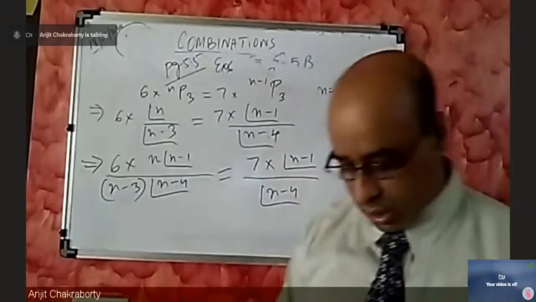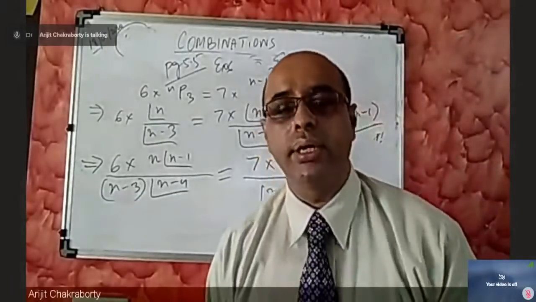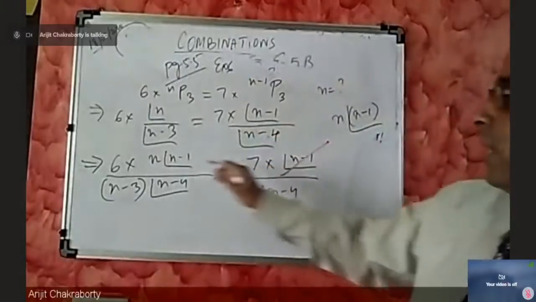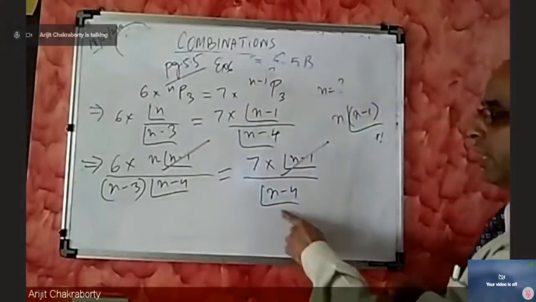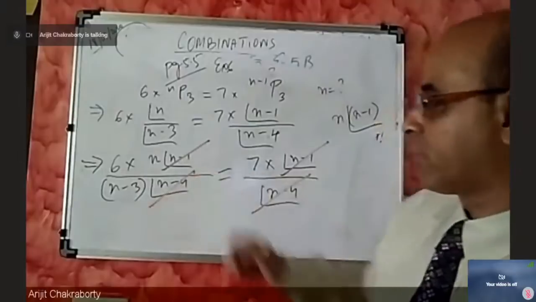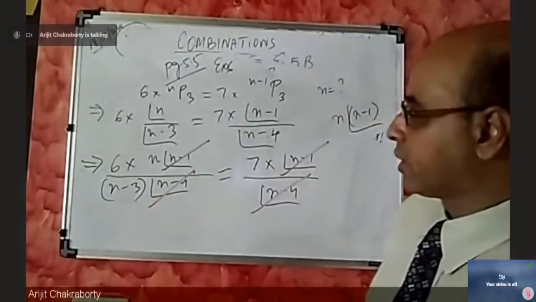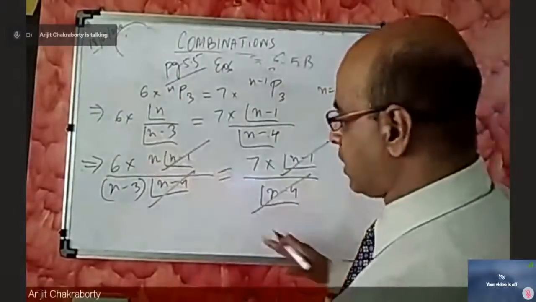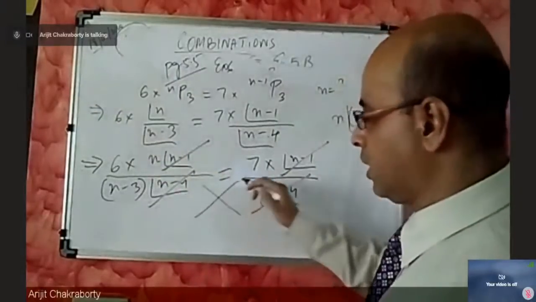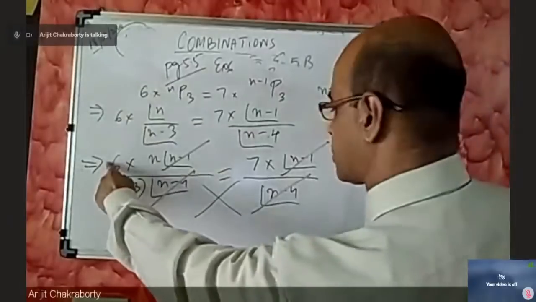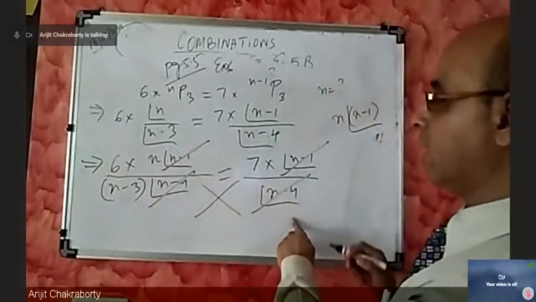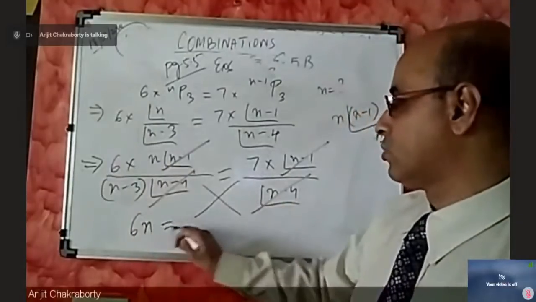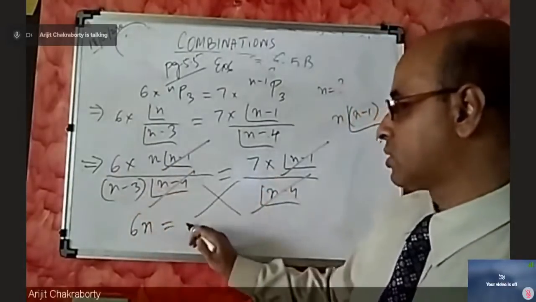If you see the common parts, we cancel them out. So (n minus 1) factorial cancels out, (n minus 4) factorial cancels out. Cross multiplying, we get 6n into 1 is equal to 7 into (n minus 3).